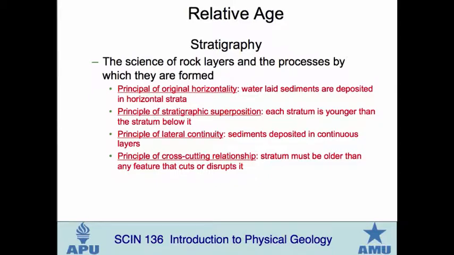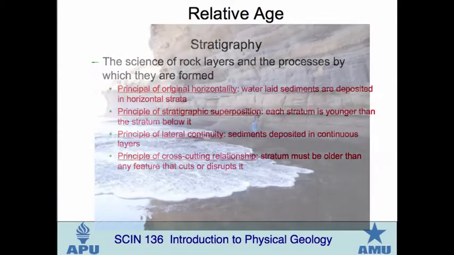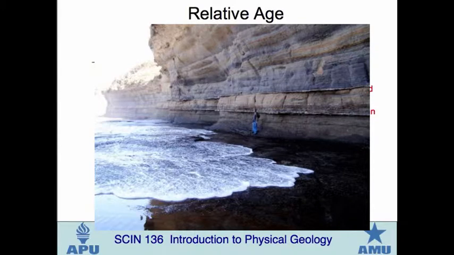So let's talk about these principles of stratigraphy. The principles of stratigraphy are these rules that allow us to say something about the age of the Earth. The first one we're going to talk about is the principle of original horizontality. That one basically says that no matter what things look like now, they were originally laid down horizontally.